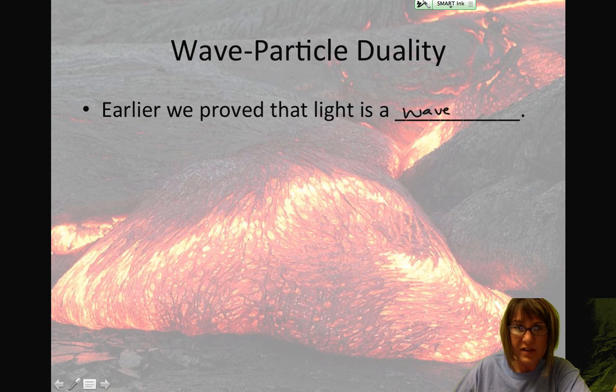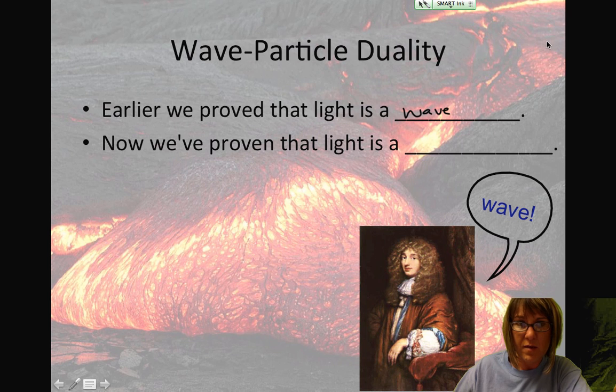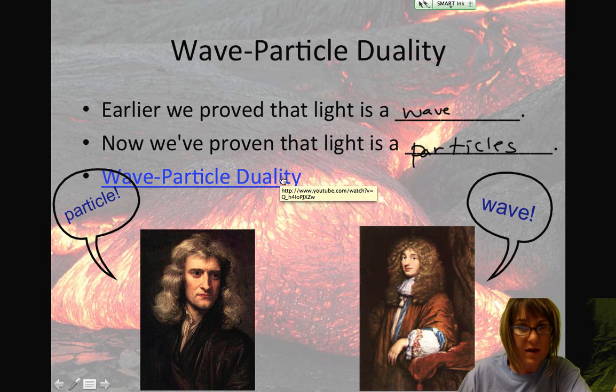In the double-slit experiment, we proved that light is a wave. Remember Huygens? He was proved correct. But now, we've proven that light is a particle. So now Isaac Newton can be verified or validated. His theory was correct. And we've proven that light is actually both a particle and a wave.